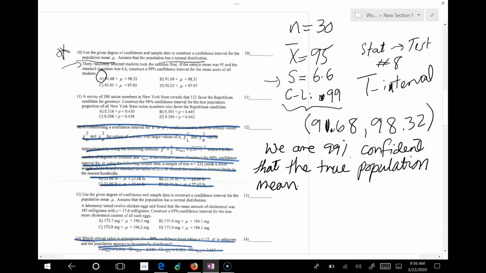true population mean of, and then you write out the scenario.